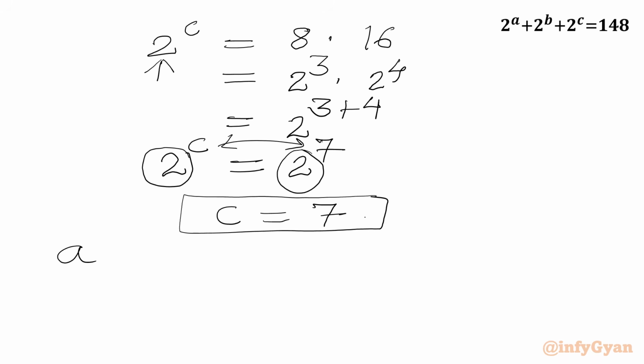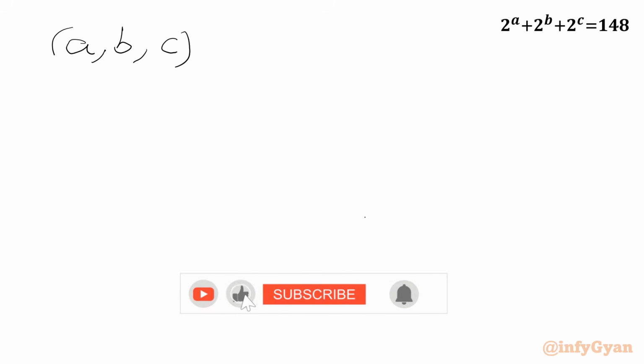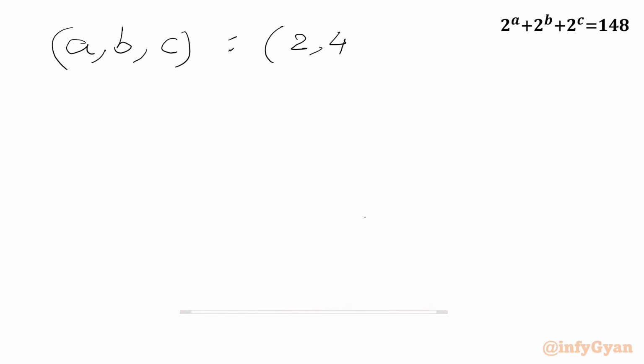If I write here the ordered triplet a, b and c, then we can write from our values 2, 4 and 7. If there is no condition, we can consider the combinations of a, b and c. Let me write here a, b, c: 2, 4, 7.